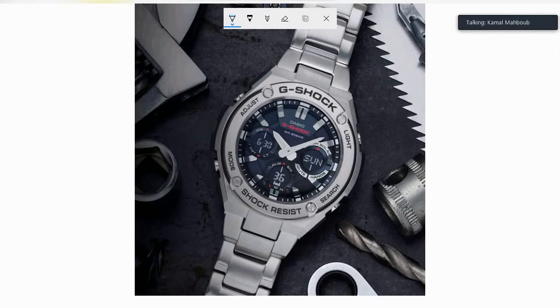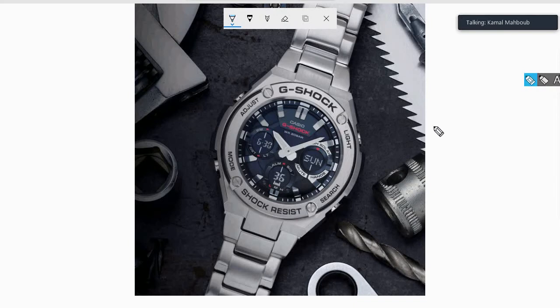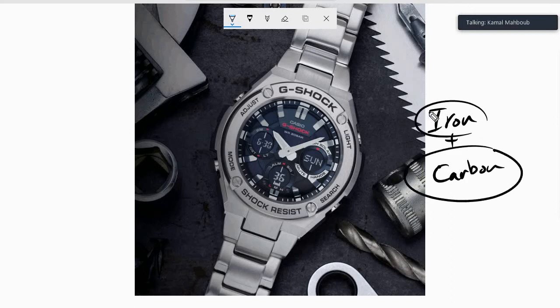Steel is made up of iron with carbon. Metal with carbon. Both of them will make what? Make steel. Now steel is an alloy.